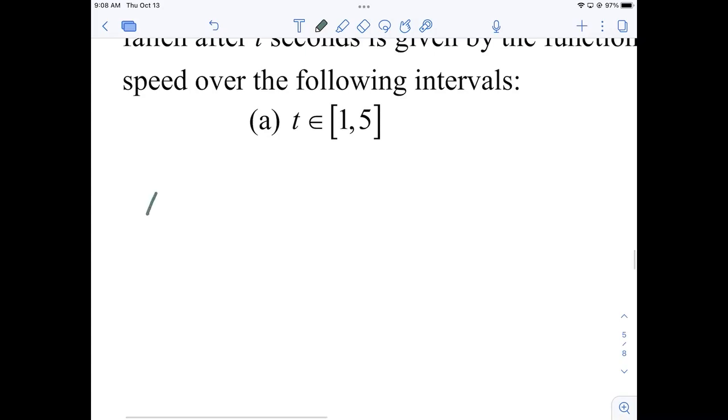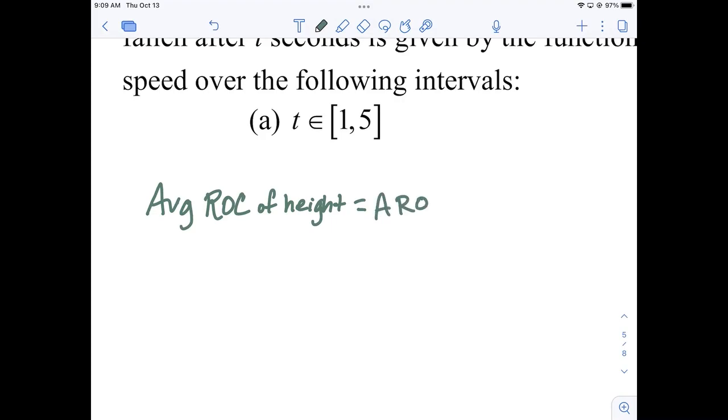So here's what we say. We say the average rate of change of height is really equal to the average speed. Velocity is the change of position, okay?